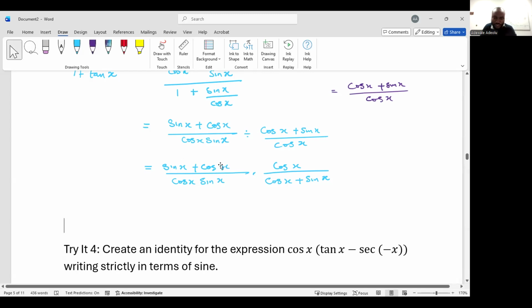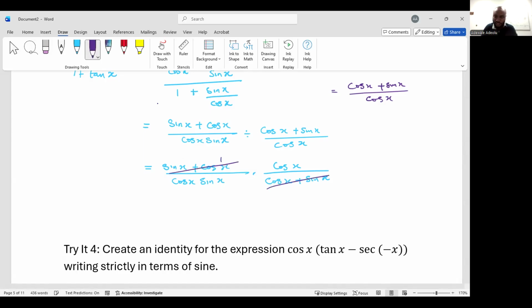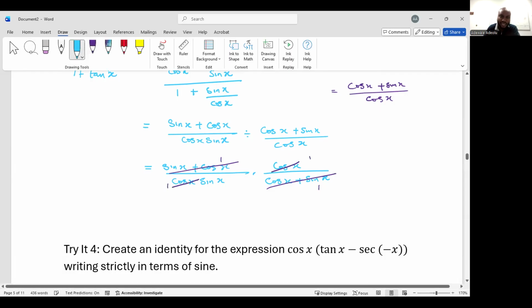Sine of x plus cosine of x is the same thing as cosine of x plus sine of x. And I have multiplication here. So meaning that I can say this guy here 1, this guy here 1. Done. Again, this is cosine of x times sine of x, so cosine here 1, cosine here 1. And in the end, I am left with 1 divided by sine of x.